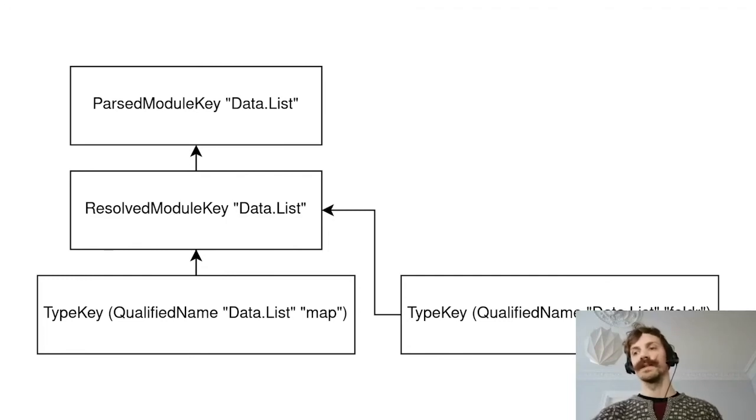So for each query we track all the fetches they do and what the value of that is. And to check if we can reuse the value of a query from the previous run, we recursively compute all the stored dependencies from the last run for that query, and if all of them are the same, we can reuse the old value without doing any computation for the current query.